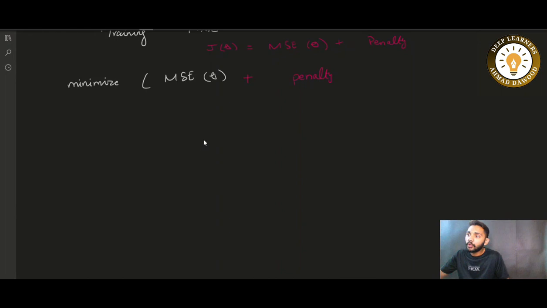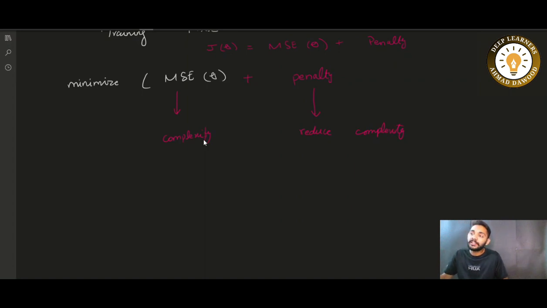Minimizing the error alone takes you towards the complexity of the model. This factor will work in this way: it will reduce the complexity.